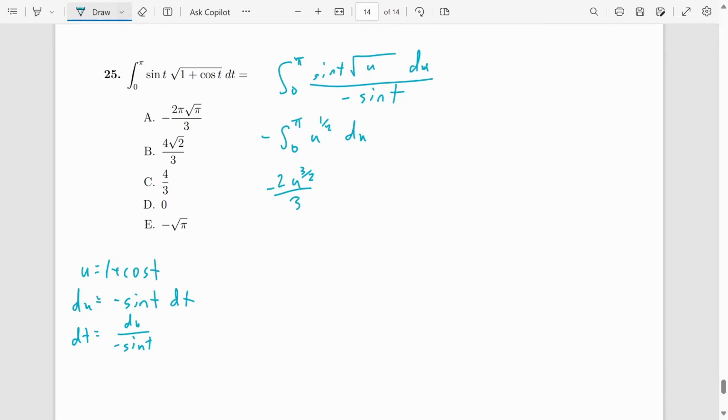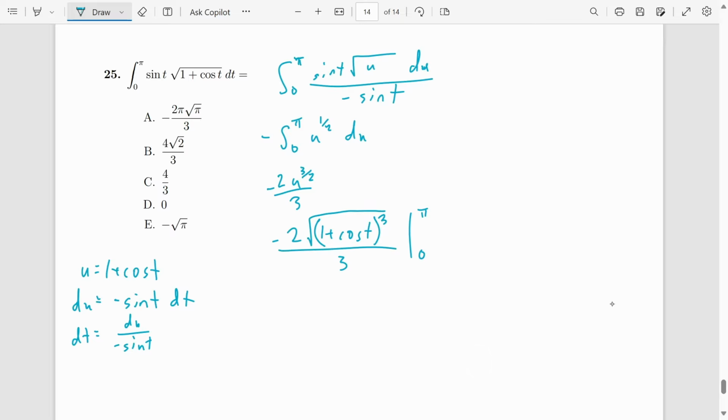And now we go ahead and substitute that u with what we said u was, which is 1 plus cosine of t. So this is negative 2 times 1 plus cosine of t to the 3/2 power. And we can replace this 3/2 power with what it really means, which is the square root of 1 plus cosine t cubed all over 3. So now we just have to evaluate this from 0 to pi.